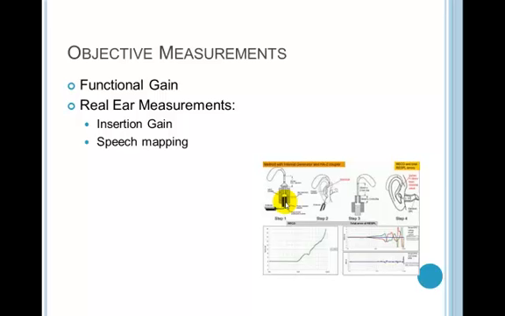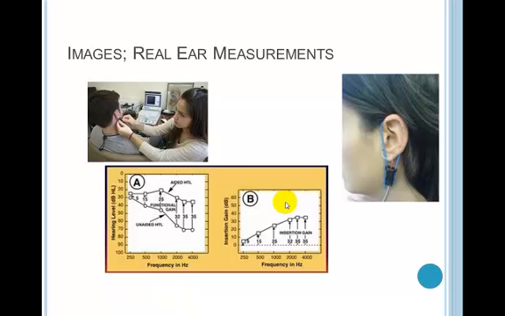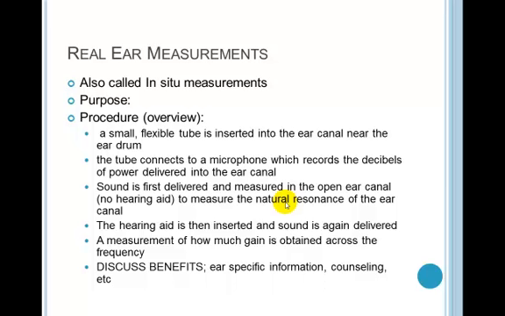So, if we're larger than the average male or smaller than the average male, that means different amounts of gain are going into the ear than we think they are. So we can assume, okay, when I tell the computer to apply this amount of gain, we assume that's how much, but we don't know exactly how much unless we do these specific measurements.